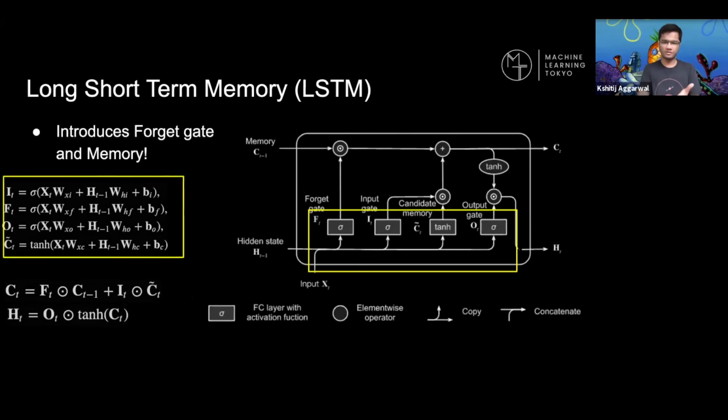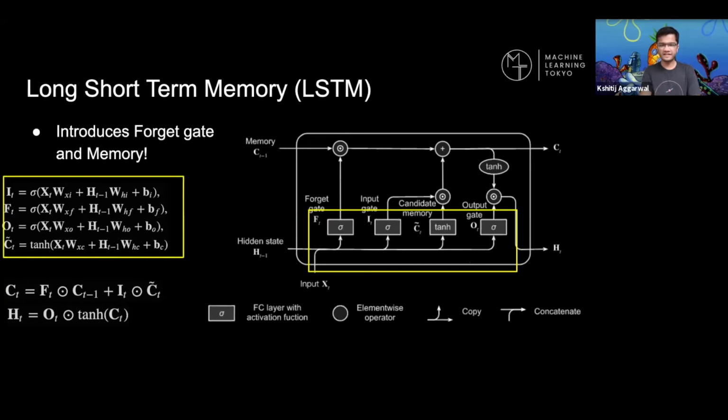Let's now look at the equations, and they are more or less the same as what we have been looking at so far. For all these four steps, the forget gate, input gate, generating candidate memory, and output gate, it's the same thing. You have an input, which is xt, some weights, a hidden state at t-1, some weights, and some biases. And there are some different activation functions applied.